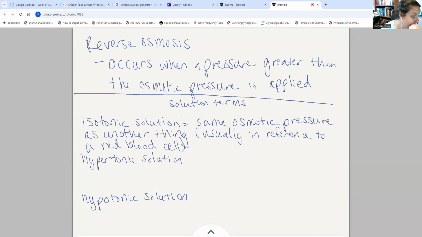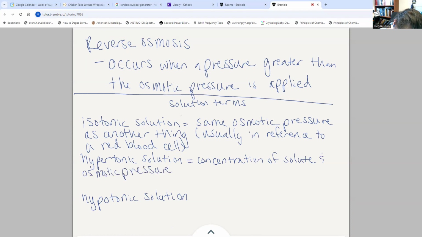If we are talking about hypertonic, the concentration of the solute in that solution is greater than whatever we're comparing it to, and the osmotic pressure is greater, than another solution or a red blood cell.